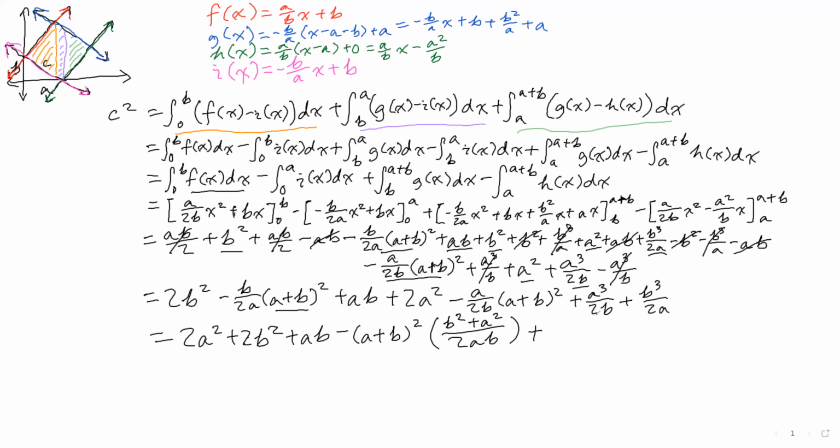And then if you combined these into one fraction, it would be a to the fourth plus b to the fourth over 2ab.